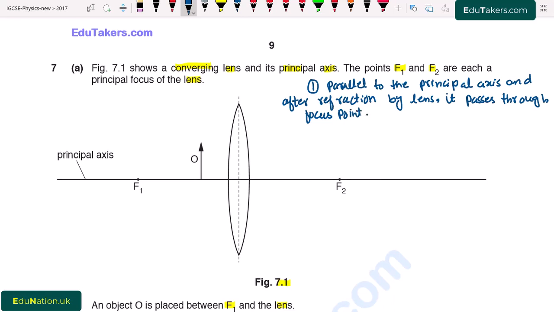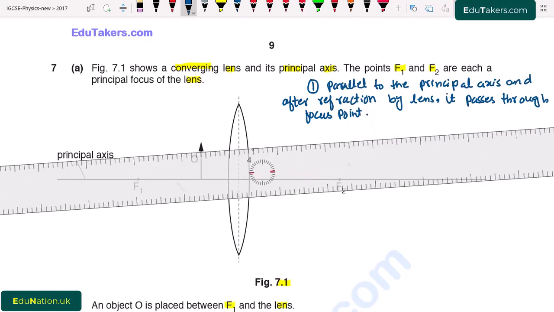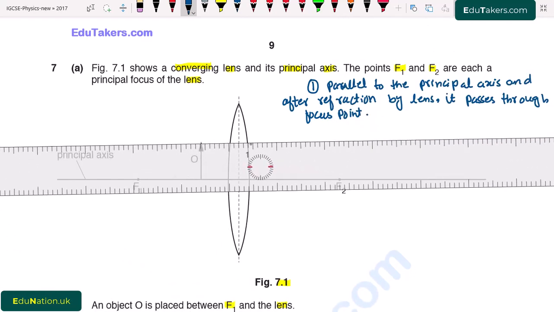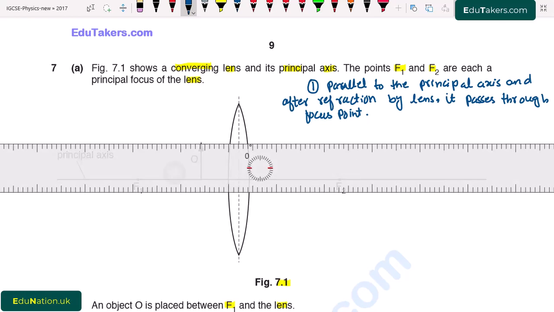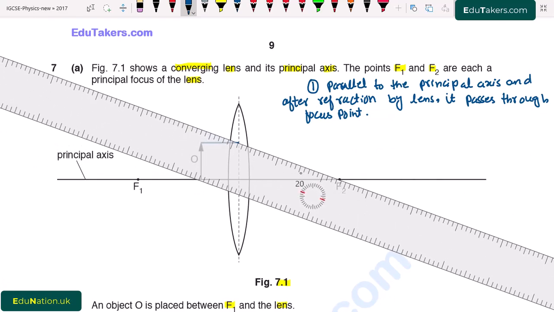Now I am going to draw the first ray using a ruler. First of all, this ray is parallel to the principal axis like that. Now here it is refracted by the lens and passes through the F2 point. It will be like this.